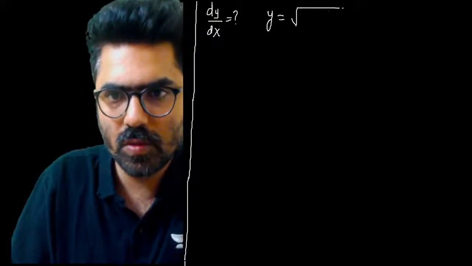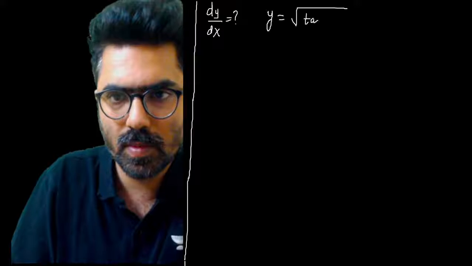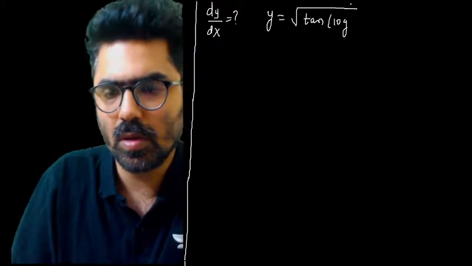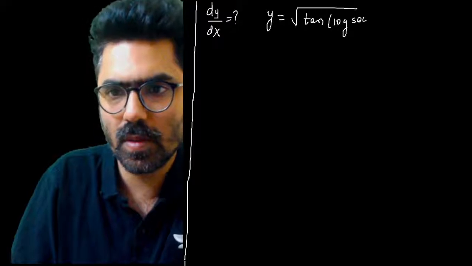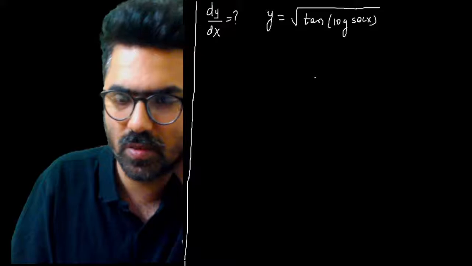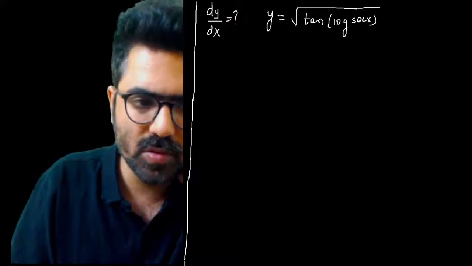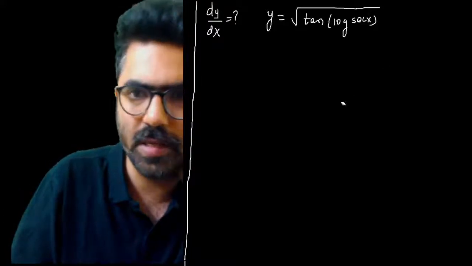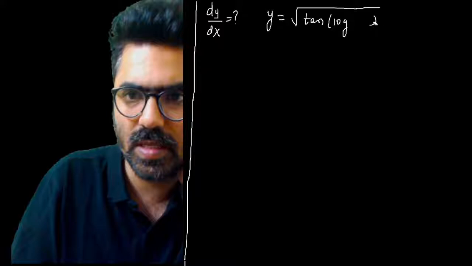If y is equal to root of tan of log of sec x. Okay, I've created a mess over here now. So try to simplify this. Let me just write it properly. Log of sec of x.